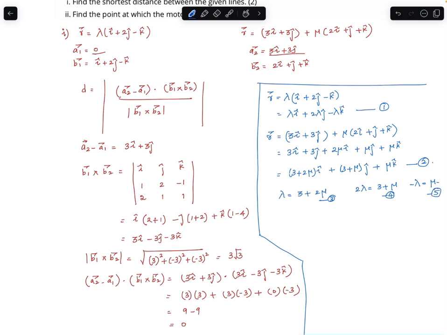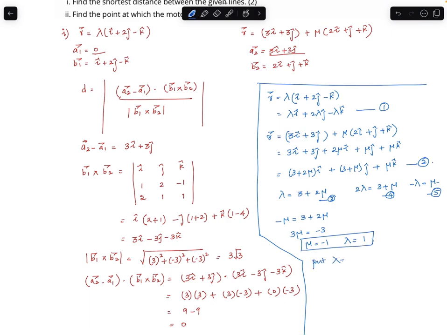Substituting equation 5 in equation 3, we get minus nu is equal to 3 plus 2 nu. So 3 nu is equal to minus 3, nu is equal to minus 1, which gives us lambda is equal to plus 1. So these are the two values.